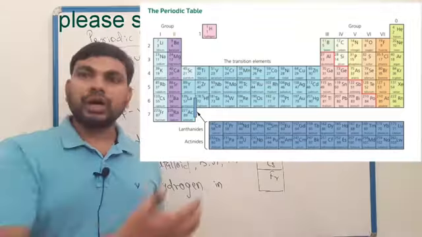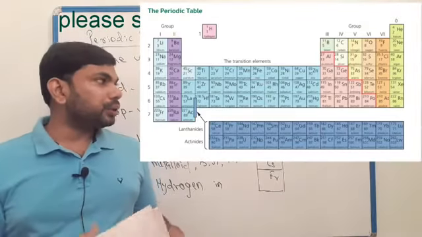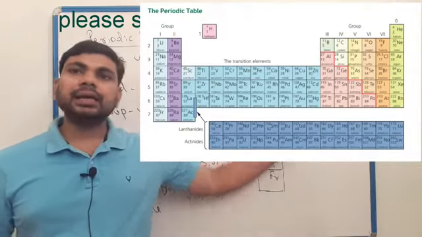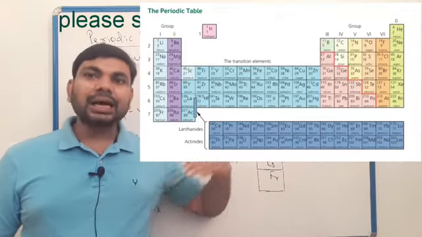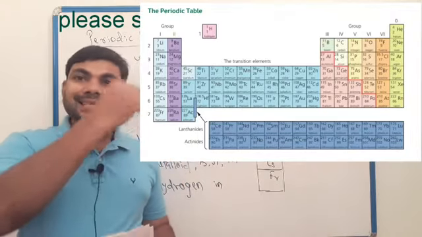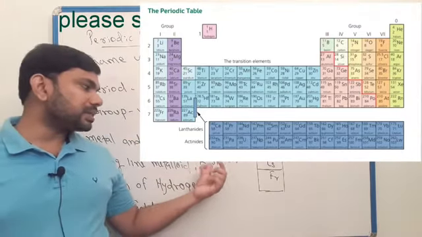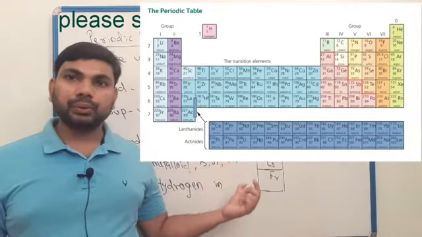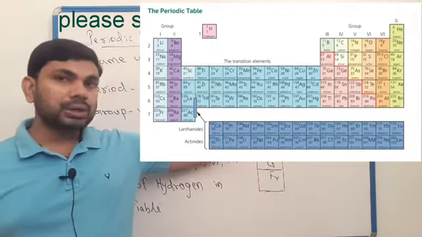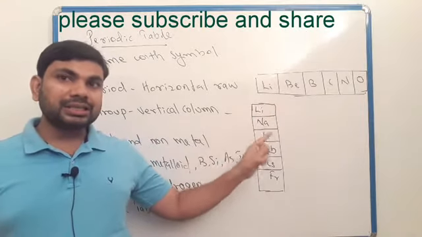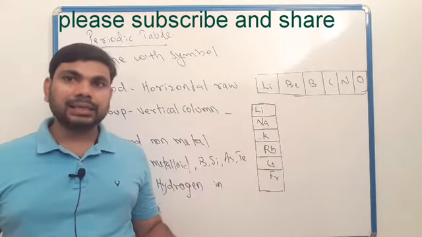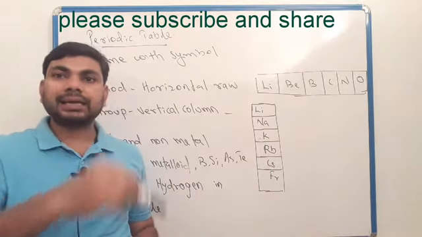Also you can see here, between metal and non-metal there is a zigzag line between boron, silicon, arsenic, tellurium and astatine.